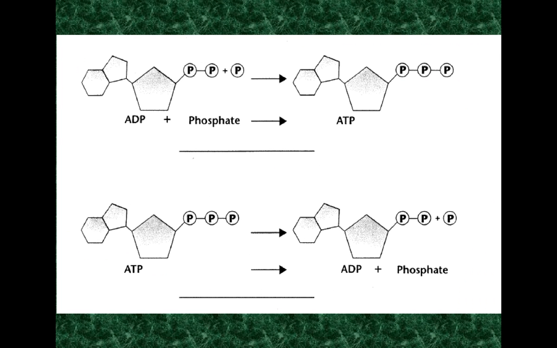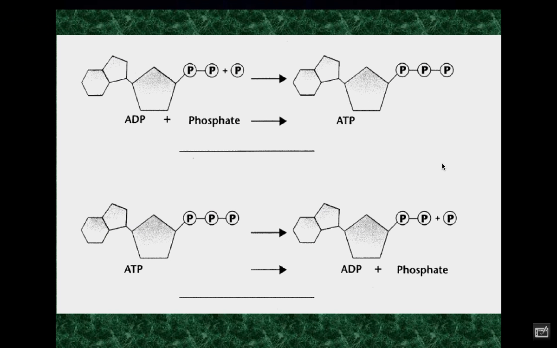So let's take a look here at our ATP handout. It says ATP is the basic source of energy of all cells. Energy is stored by cells when ADP is converted into ATP. Energy is released when ATP loses a phosphate and becomes ADP. So we need to label which one is energy storing and which one is energy releasing.